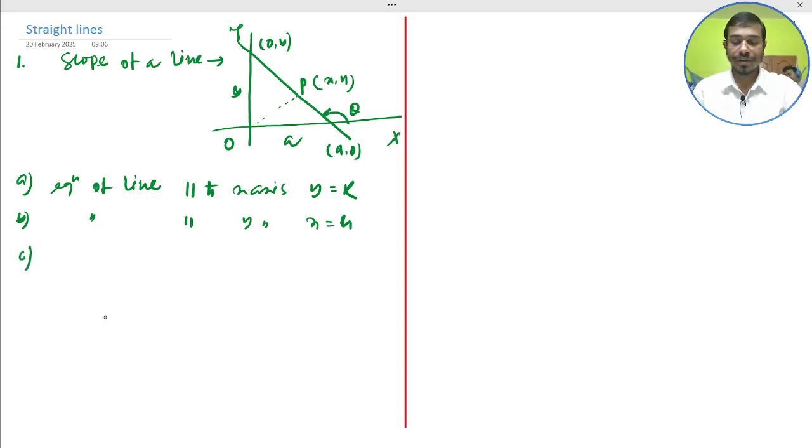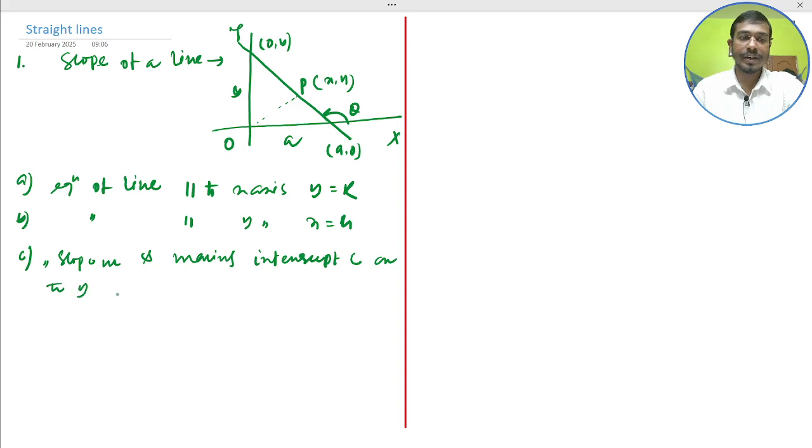Next, the equation of a line with slope m and making intercept c on the y-axis becomes y equal to mx plus c. Okay, y equal to mx plus c.